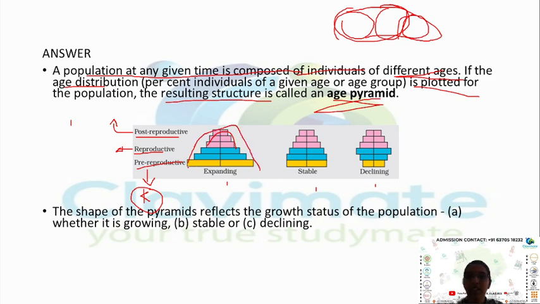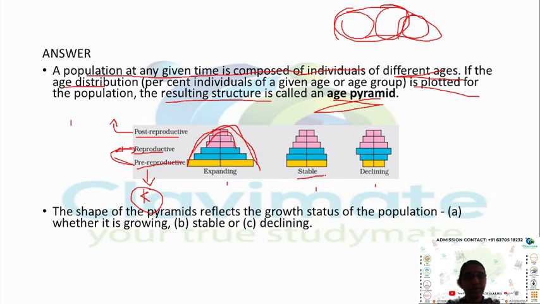Expanding means as time passes, the pre-reproductive stage individuals will enter the reproductive phase, right? So if the reproductive phase is attained, you will get even more individuals. That's why they are saying it as expanding. So the population will expand in the future.